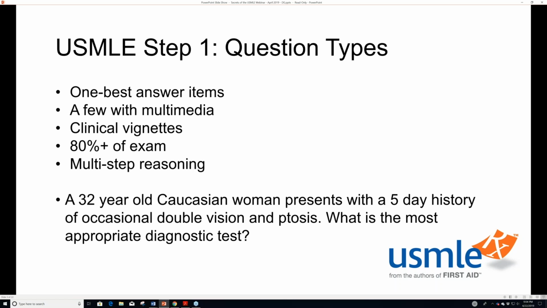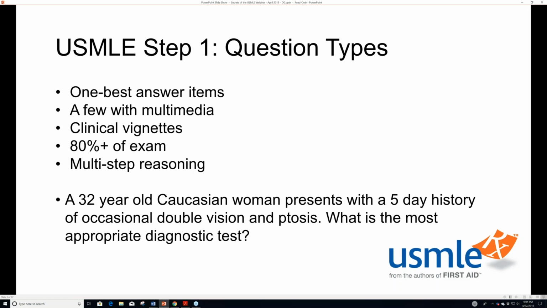A few of these items will have multimedia. Most of them will have a clinical vignette, which makes up more than 80% of the exam. While there are a fair number of single-step questions, you need to be prepared to do multi-step questions. Multi-step questions integrate multiple different concepts or disciplines that are related together.